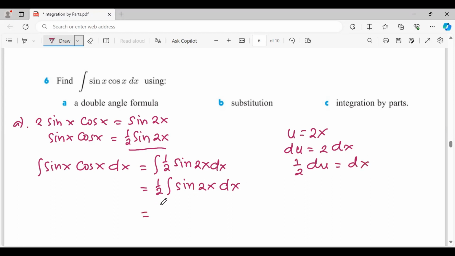So this integral will be sine u times dx, equals half du times half, being half times half, a quarter, sine u du.